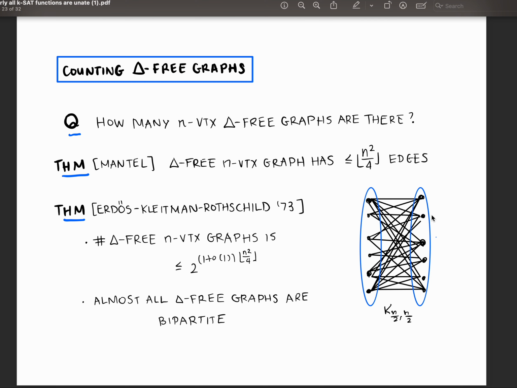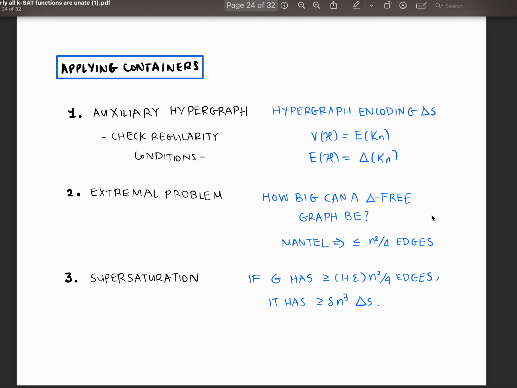So what are the ingredients that you need to prove an enumerative result like this? The first thing that you have to do is define an auxiliary hypergraph, and we have to show that this auxiliary hypergraph is relatively regular, whatever that means. So in this case, if we're trying to count triangle-free graphs, it's a little bit confusing, but what we do is construct a hypergraph encoding triangles. What do I mean by that?